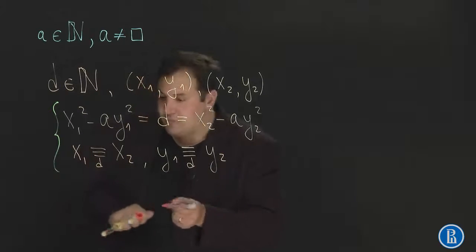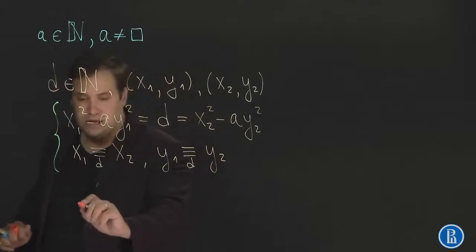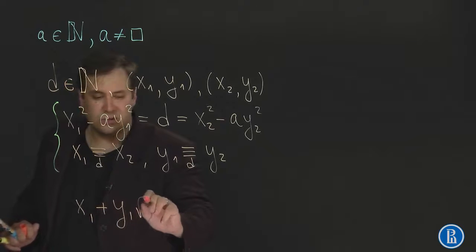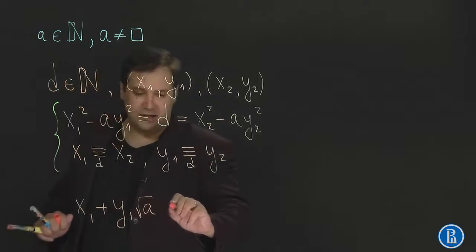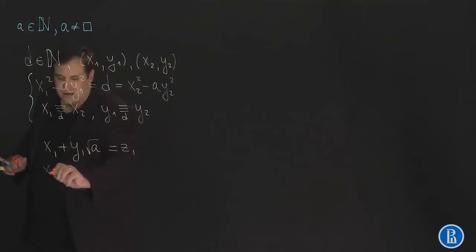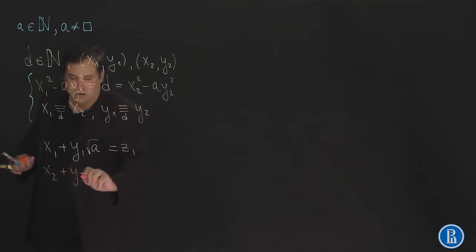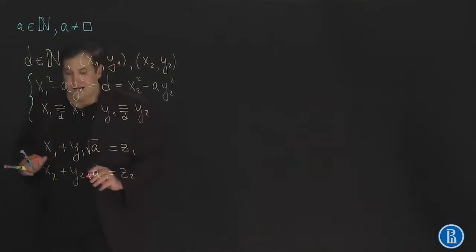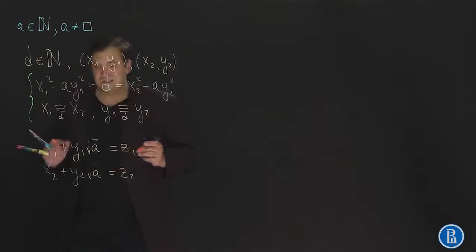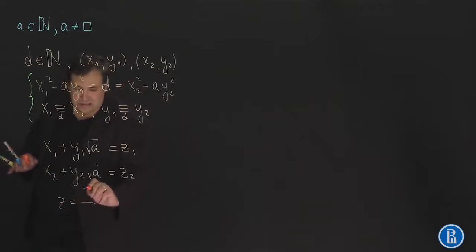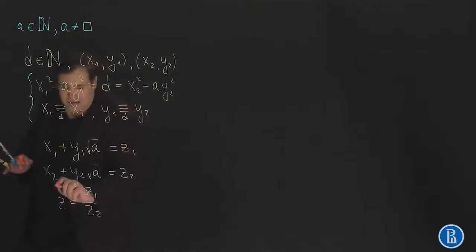Okay, so now as usual, denote x1 plus y1 square root of a as z1 and x2 plus y2 square root of a as z2, and of course consider z equal to z1 over z2.